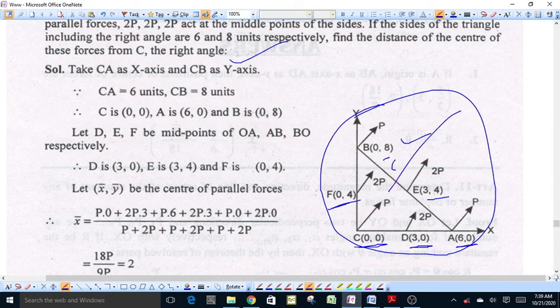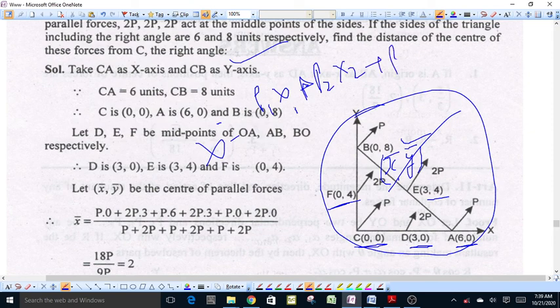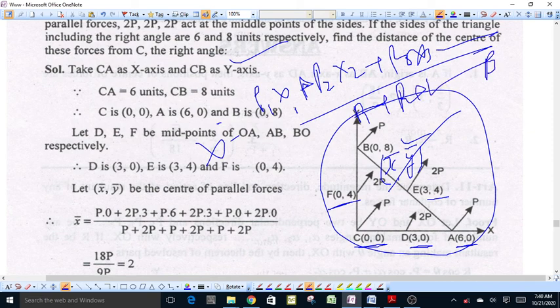Now by using the case we have discussed earlier in the previous article, suppose their center is (x bar, y bar) and lies in this plane. Then the x coordinate of the center will be, by using the result, x bar equal to P1 x1 plus P2 x2 plus P3 x3 and so on, upon P1 plus P2 plus P3 up to Pn.